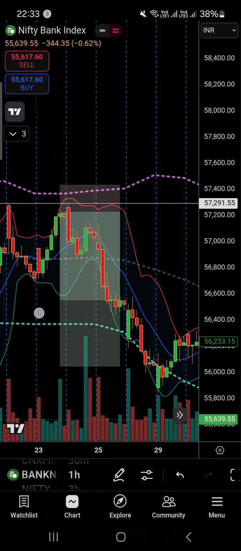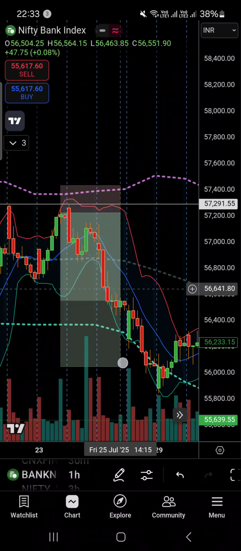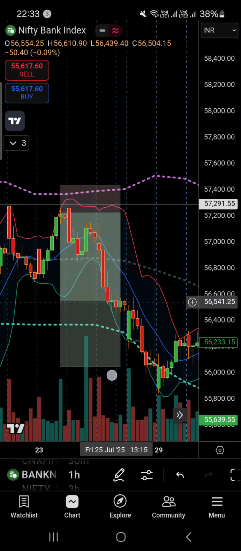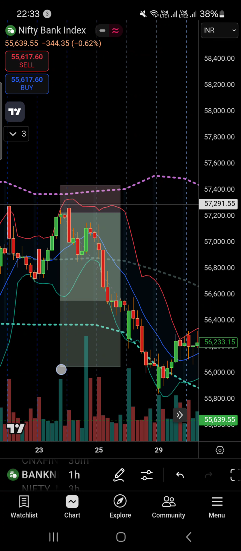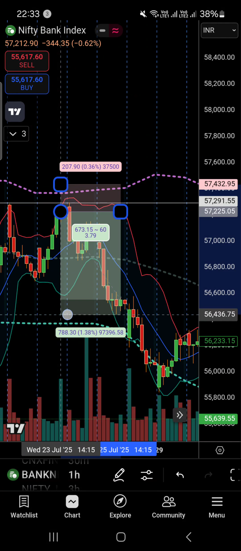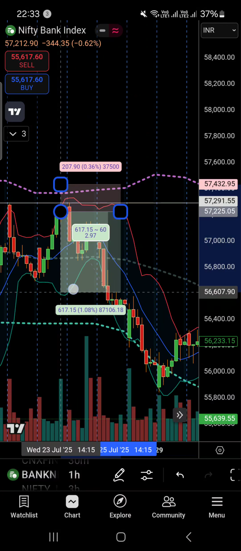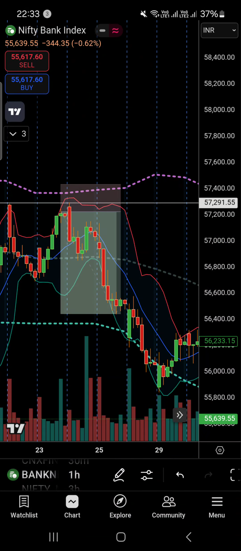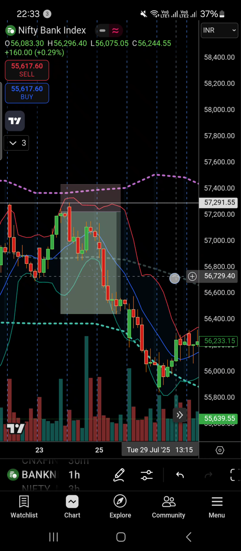Once this 1:2 happens, you can shift your stop loss. So this is where it happened, right? 1:2 approximately. It's not even 1:2, here it is 1:3. It happened here, but you can start moving your stop loss from here.